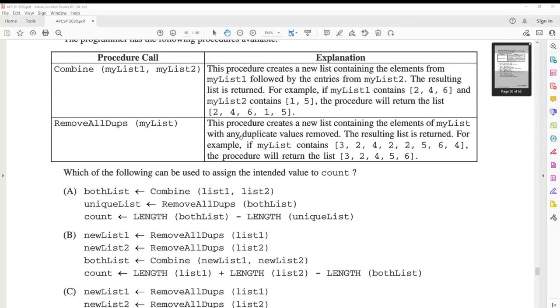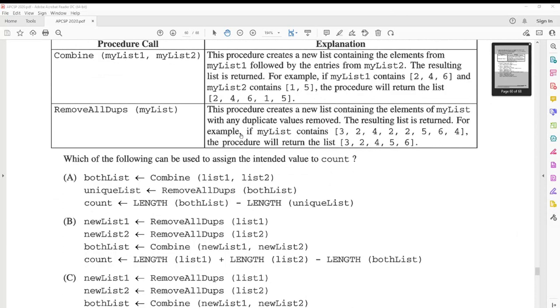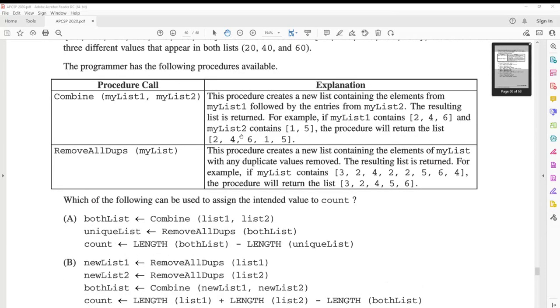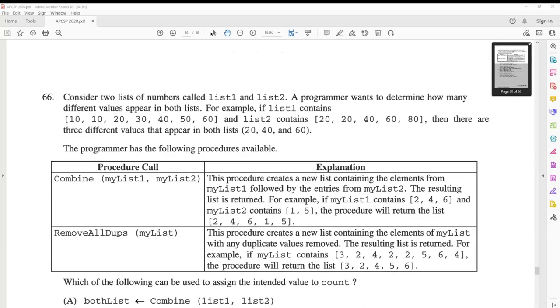Let's see. You want to calculate the number of elements that show up in both.